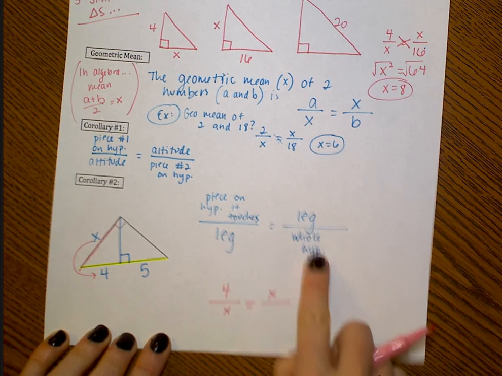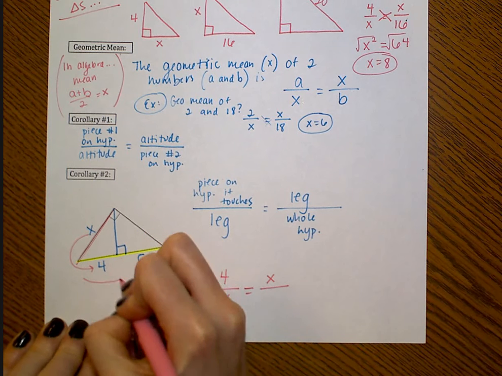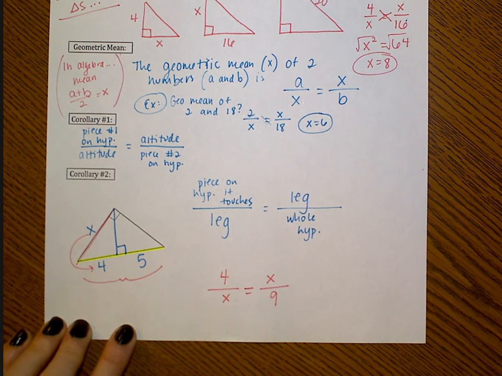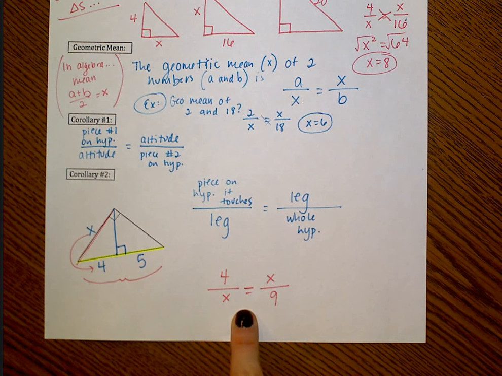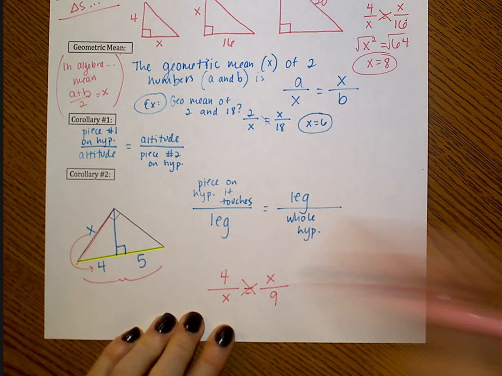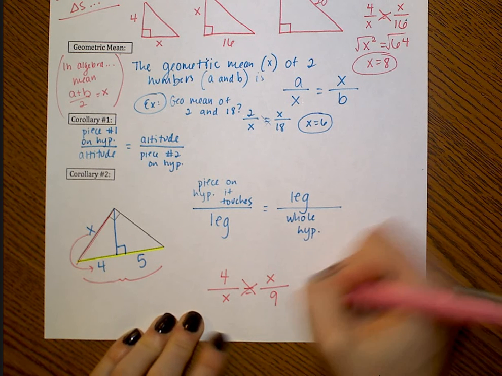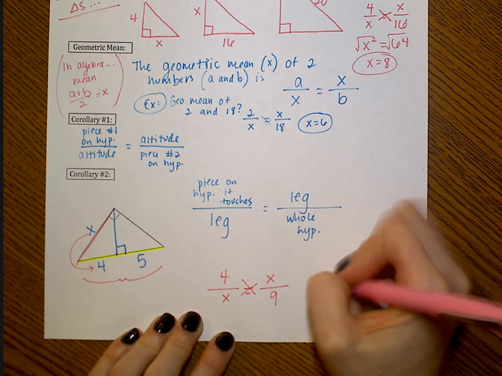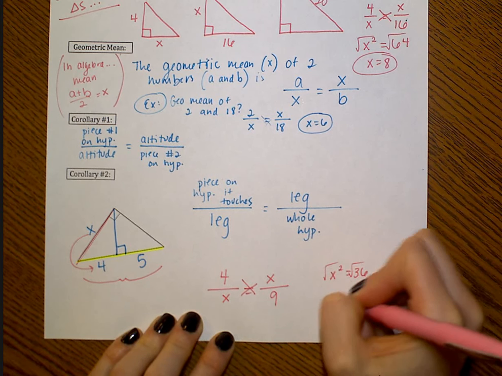And the length of the entire hypotenuse is 4 plus 5, which is 9. I don't know about you, but that's a whole lot less work than redrawing all 3 triangles. Once I've got it set up, I just cross multiply. So that's going to give me x squared equals 36. And then I square root, and I get 6 for the leg.